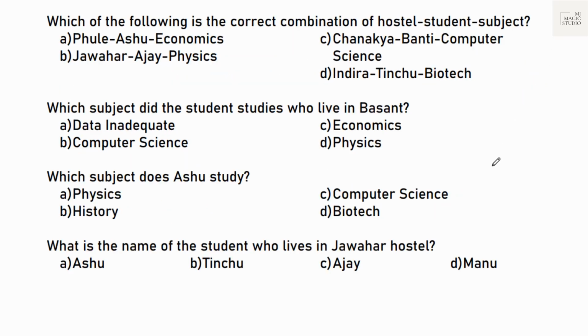The question which follows is, which of the following is the correct combination? Fule, Ashu, economics, no. Jawahar is with Ajay, no, with Manu. Computer science is not Chanakya. Tinchu, biotech, Indra is correct. Which subject does the student study who lives in Basant?